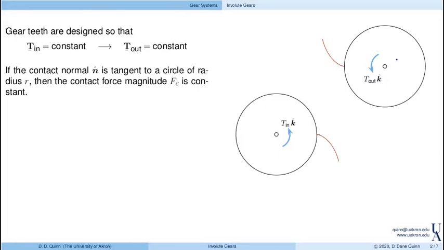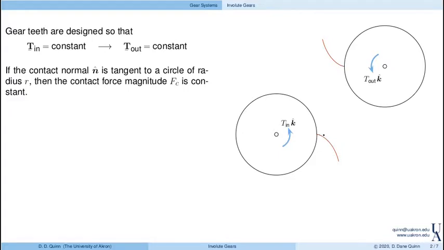Now, how do we go about designing the gear teeth to satisfy this goal? Let's look at the shapes given here in red. These are sort of candidate shapes for the gear tooth profile. And they have a really interesting, unique, and quite useful property.